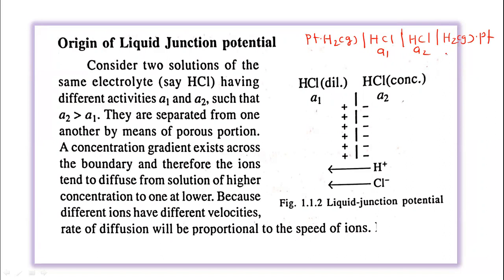Let us assume here A1 is greater than A2, or A2 is greater than A1. The activity of this electrolyte is greater than the activity of this electrolyte. So this is the electrolyte concentration cell with transference. There is a transfer of ions from one half cell to the other half cell.